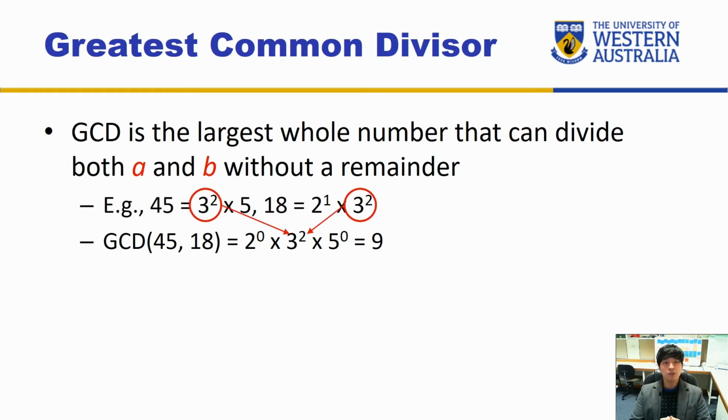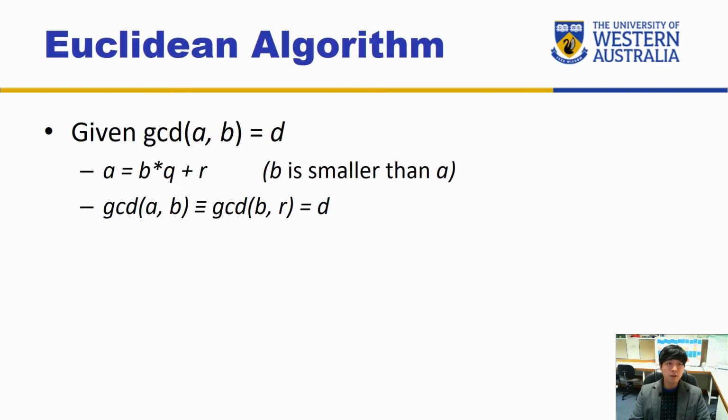So how do we calculate the GCD? One way is to use the Euclidean algorithm. If you're not familiar with this, please do revise it, as I don't really dig into the details. But basically, given GCD of a and b equals d, the equation becomes quite simple, where a equals b times q plus r, where q is some quotient and r is a remainder.